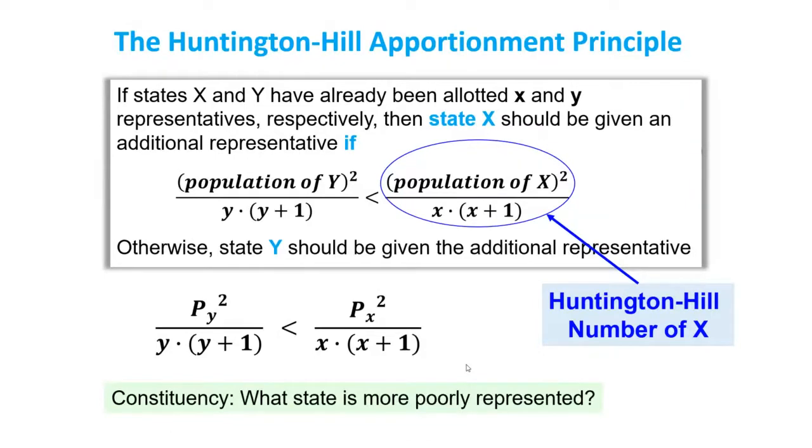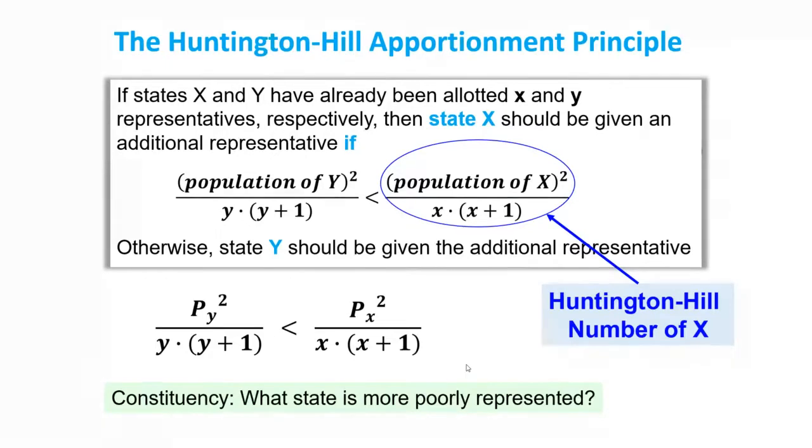So Huntington and Hill were two mathematicians. At the beginning of the 20th century, a big group of mathematicians spent several years to develop the most fair and simple method, because you cannot use the apportionment criterion for 50-something states. It's too complicated. They developed this method in 1920, 1921, something, but still it wasn't used.